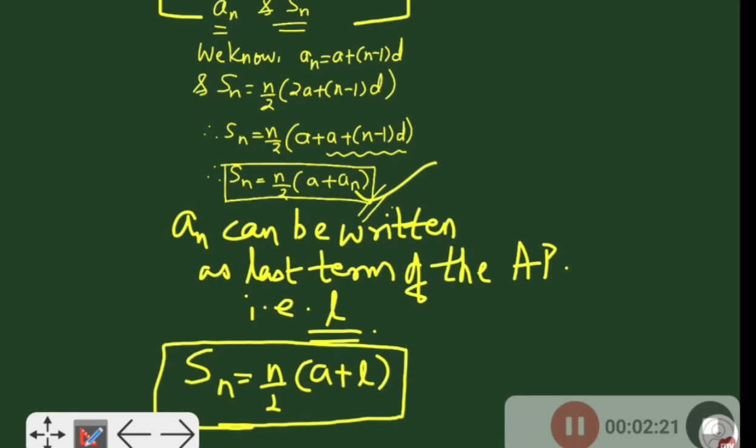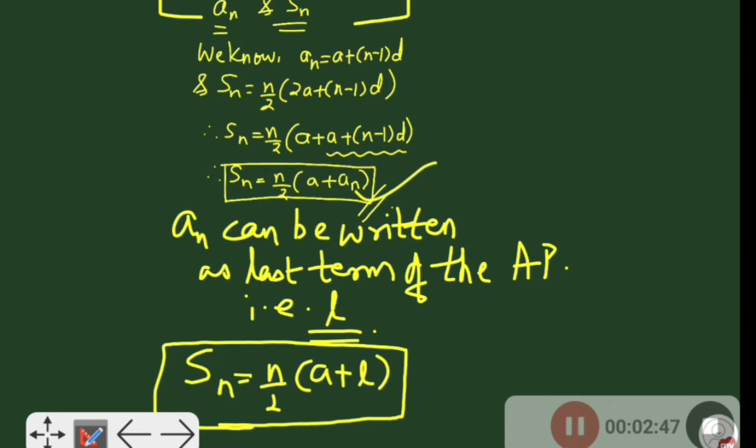Now we will study the relation between an and Sn. We know an is equal to a plus n minus 1 into d, and Sn is equal to n by 2 bracket 2a plus n minus 1 into d. So we will use the an equation in the formula of Sn, that is Sn is equal to n by 2, splitting 2a into a plus a, and n minus 1 into d.